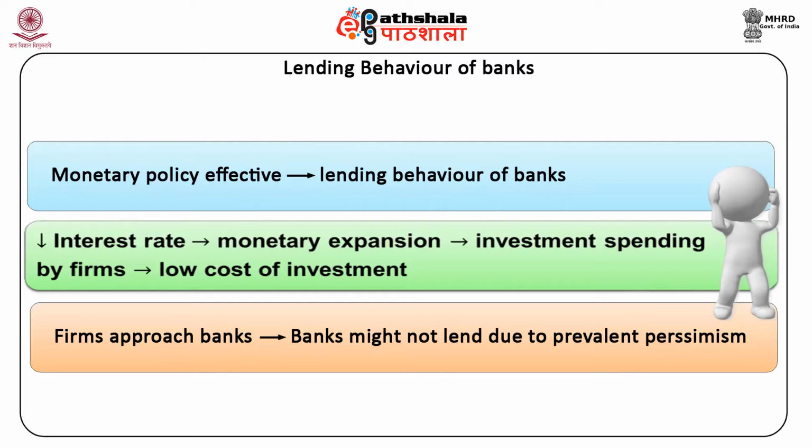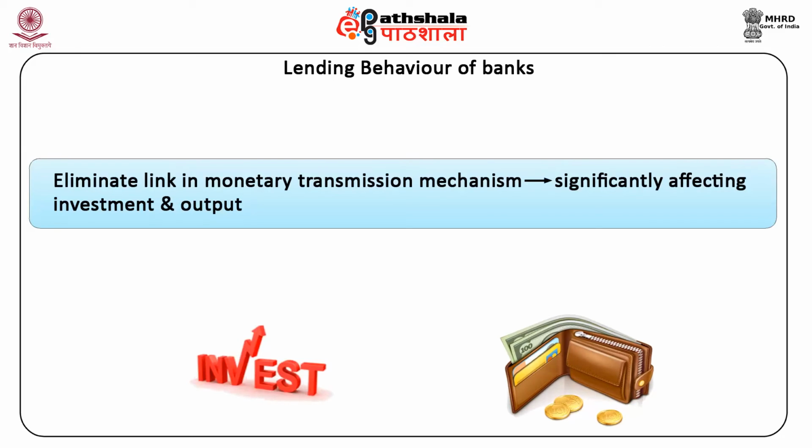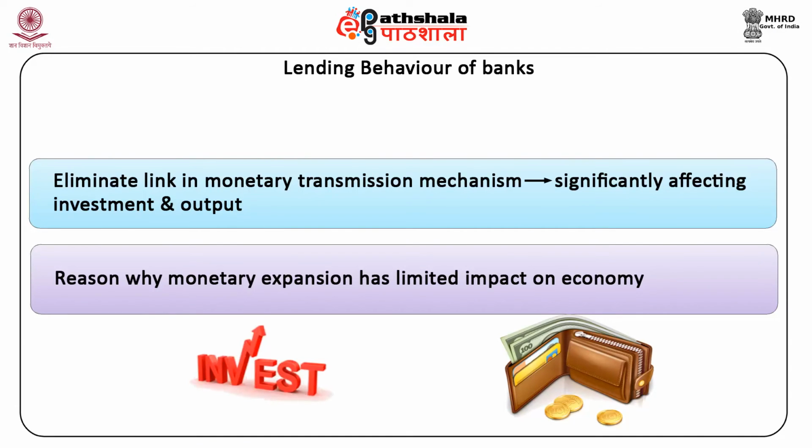But it may be possible that banks may not be willing to lend due to prevalent pessimism in the market. If the banks will not lend, this will eliminate an important link in a monetary transmission mechanism. Thereby, it will significantly affect the investments and will not lead to the rise in output. That is the reason why sometimes monetary expansion has only limited impact on the economy.